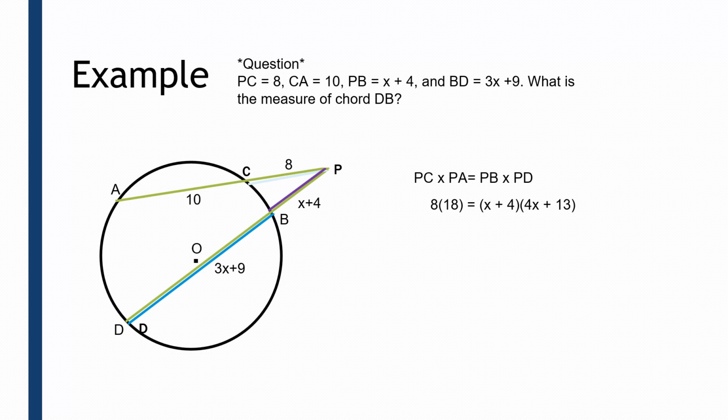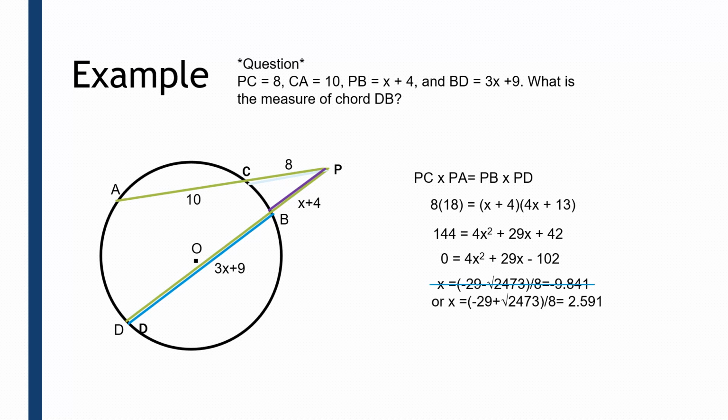This is going to be 8 times 18 is equal to x plus 4 times 4x plus 13. This is going to be 144 is 4x squared plus 29x plus 52. We can simplify this: 4x squared plus 29x minus 92 is equal to 0.